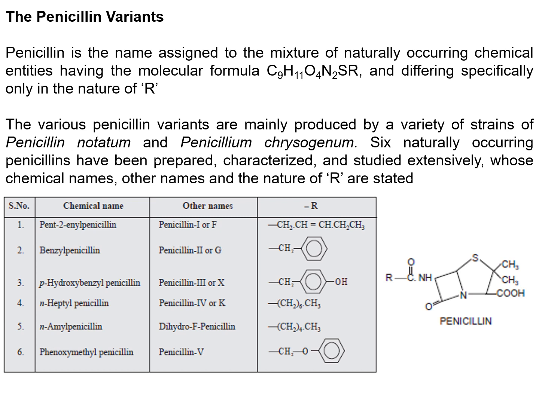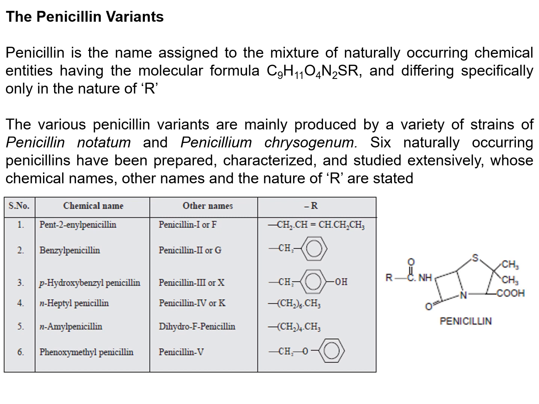If this beta-lactam ring structure is attached to a dihydro amyl group, then it is N-amyl penicillin in its chemical name, and another name is dihydro F penicillin. Penicillin F is different from dihydro F penicillin because there the group is 2-pentenyl.